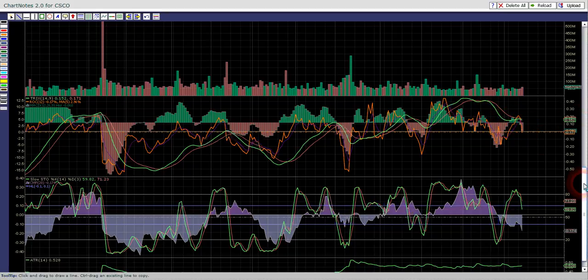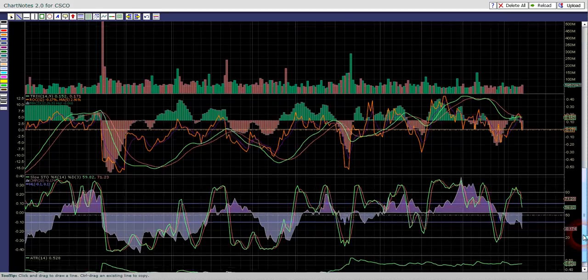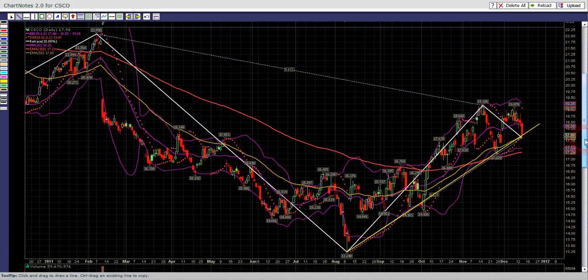So that hook is telling me that we're not going to come around and reverse this. And we can see here that the Chaikin Money Flow, which has also been negative, has also broken that negative 0.10 line. So that's an indication here that there's some strong distribution in the works.